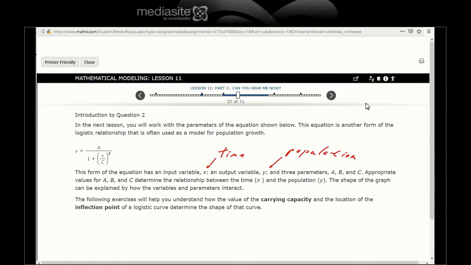Shape of the graph can be explained by how the variables and parameters interact. The following exercise will help you understand how the value of the carrying capacity, which is A, and the location of the inflection point of a logistic curve determine the shape of that curve. Typically, 1/2 A.